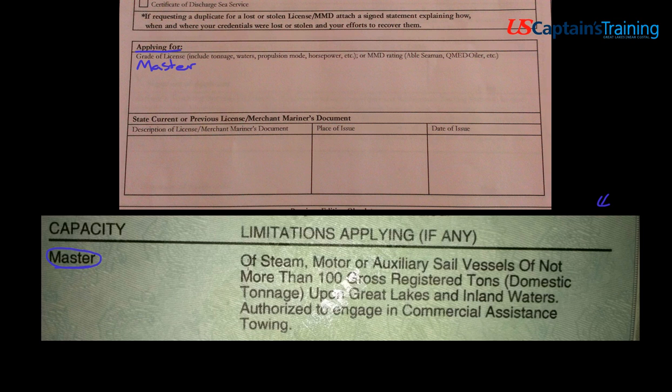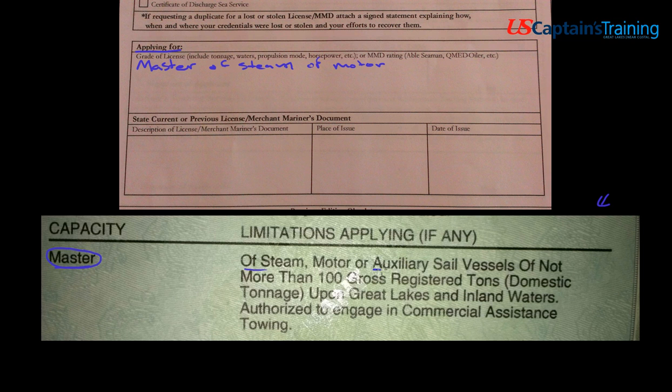So if you would like to be the master of a power-driven vessel, and all your time is on power-driven vessels, which most people are, so master of steam or motor. So master, and we can write it up here, of steam or motor.